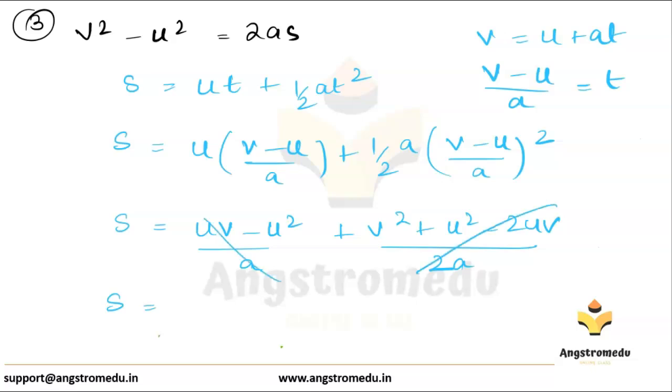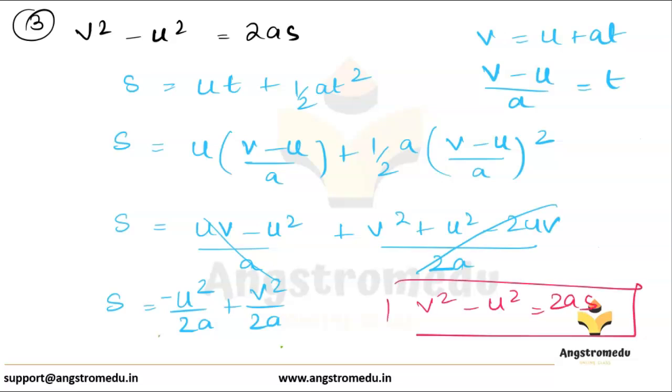The uv by a terms cancel out. So we get s equals minus u square by 2a plus v square by 2a. When we solve this, we get v square minus u square equals 2as. So this is our third equation of motion.